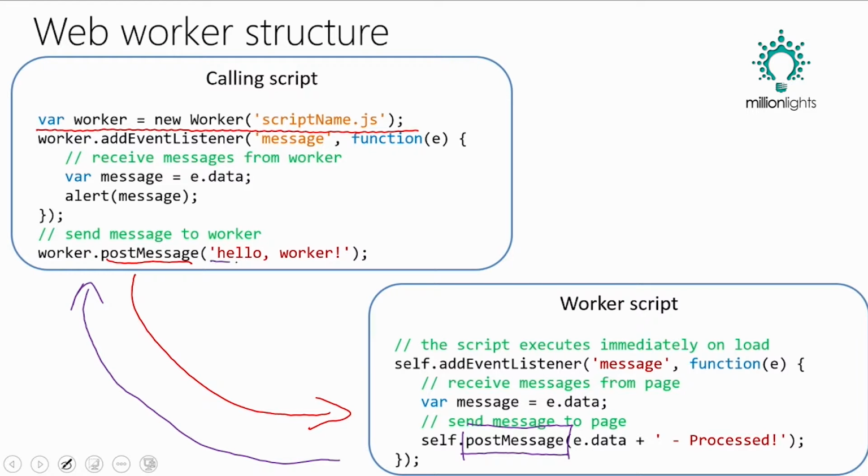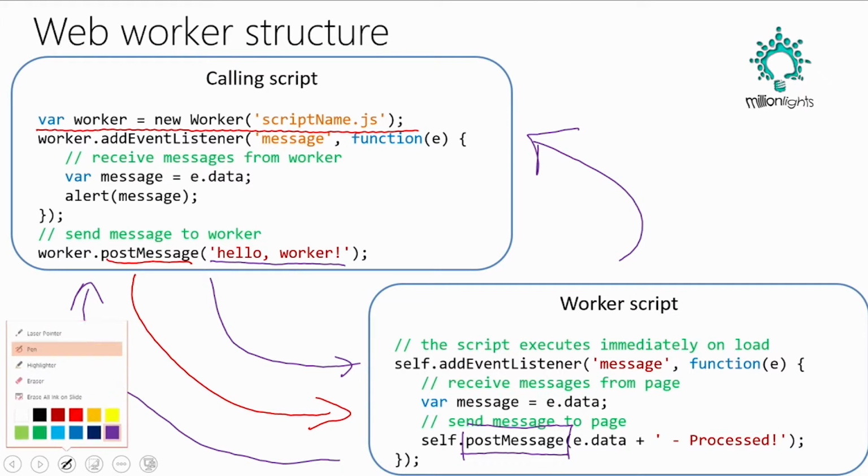Now you're going to notice in my little sample script here that I just have basic text. You could absolutely use an object, and we'll come back and take a look at that in just a couple of minutes and show how you could do that. You're also going to notice the event in question. If we send a message down to the worker or if we send a message to the calling script, the question then becomes, how do we actually capture that message?